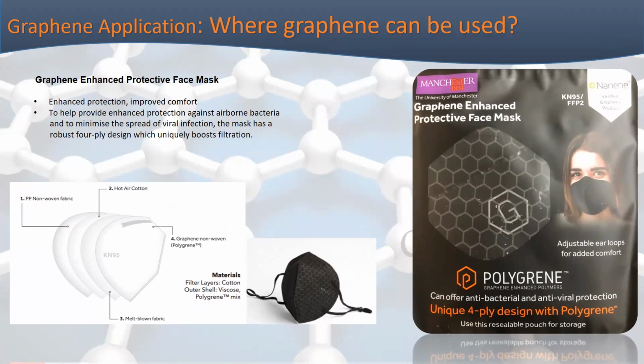In terms of the biomedical applications, as we mentioned, such as bioimaging, sensing, and delivery, graphene-based nanomaterials can be either biocompatible or toxic to biological cells.